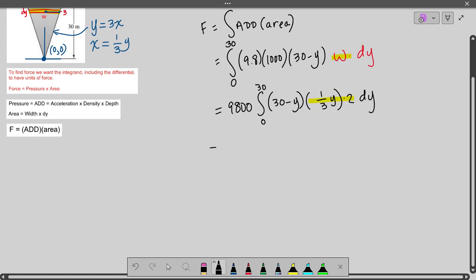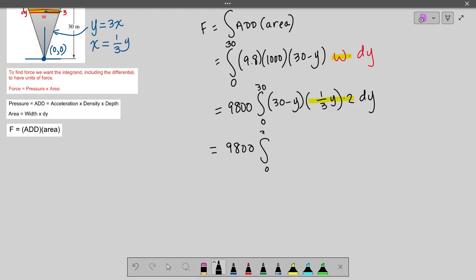That is going to give us 9800 on the outside, 0 to 30. All we have to do is distribute this. We could factor out the 2/3 all the way to the front. Let's go ahead and do that. That seems like a good move. So 2/3 all the way to the front. I'm factoring out this third and that 2. That's factoring out to the front. So we'll be left on the inside with 30 times y minus y times y. Like that.